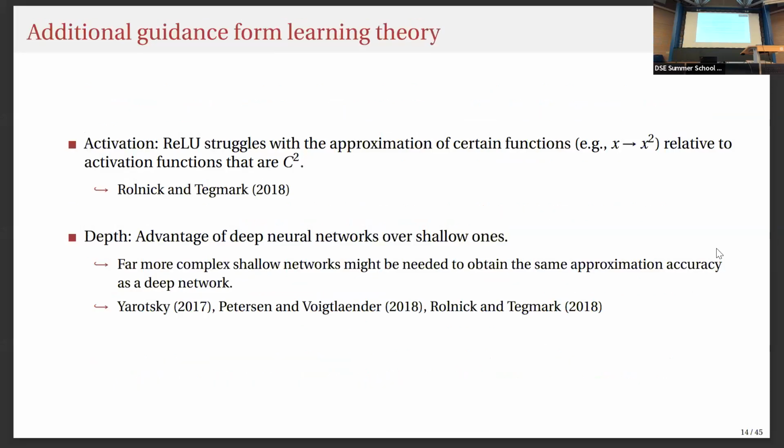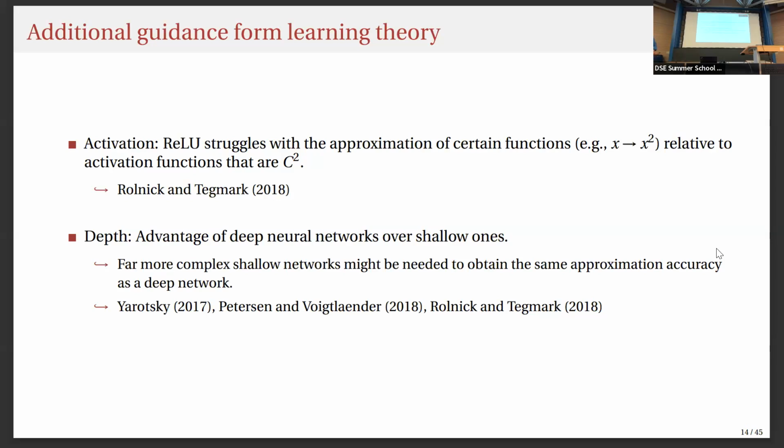Okay, all right, so let me keep going. There are some other things that can be useful in guiding us in choosing these neural networks. First is the result that ReLU networks, which have been quite popular, actually struggle with some simple function class families.